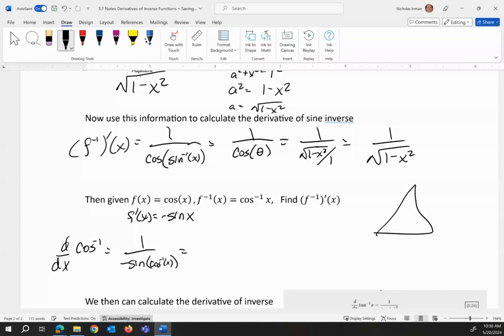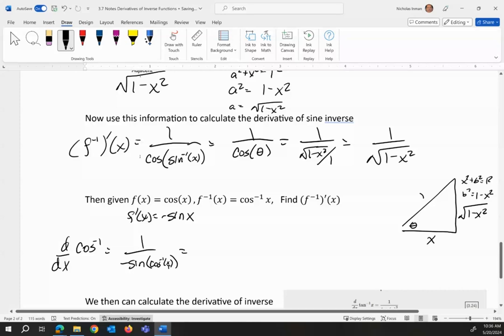Now, on that same triangle idea, cosine inverse of x should give us an angle. It's just an x inside, so that's like x over 1. Using the Pythagorean theorem, a squared plus b squared equals c squared, the square root of 1 minus x squared is that opposite, vertical side.